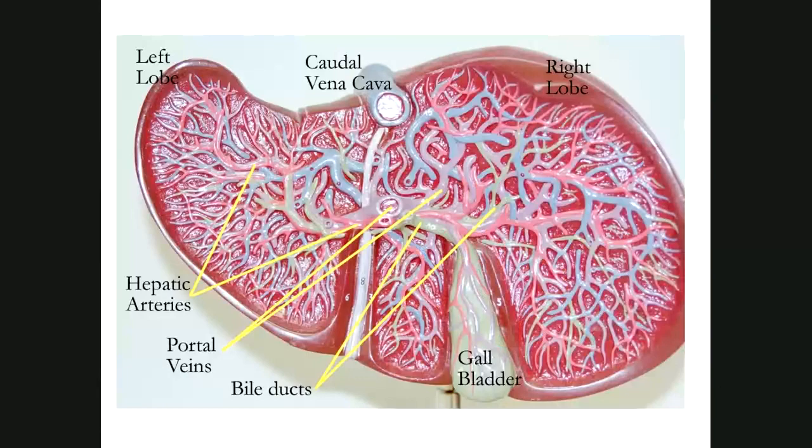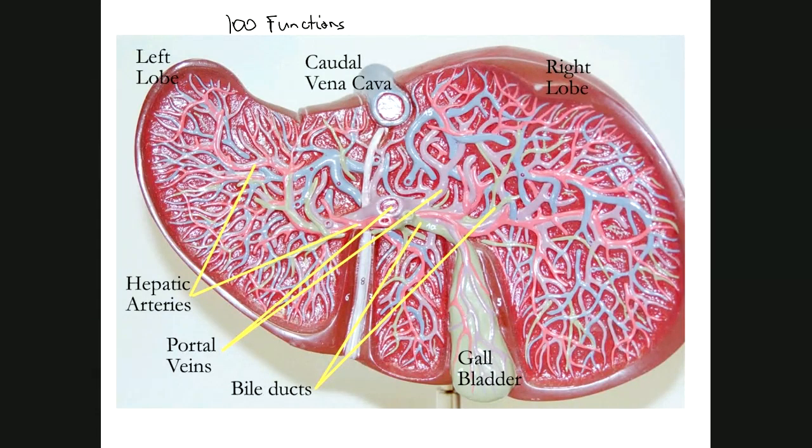So if you look at bile ducts, the liver has over 100 different functions. So it stores things, it makes things. We talked about clotting factors, it makes those. It can convert one thing to another. It can store glucose, release glucose, make all kinds of proteins. 100 different functions.